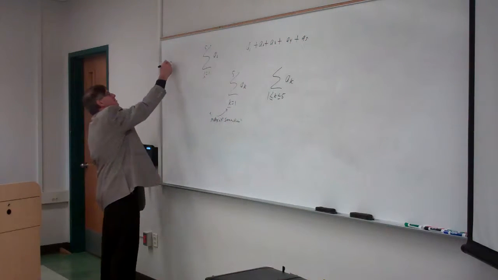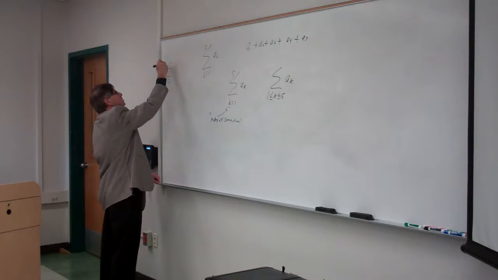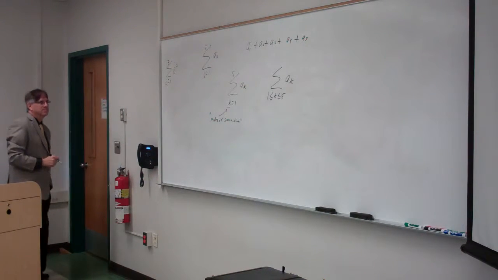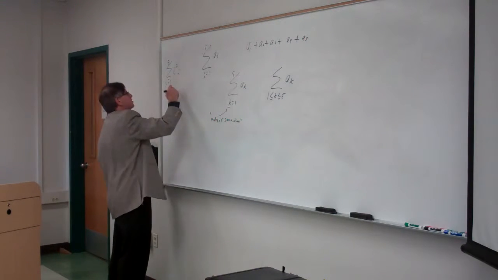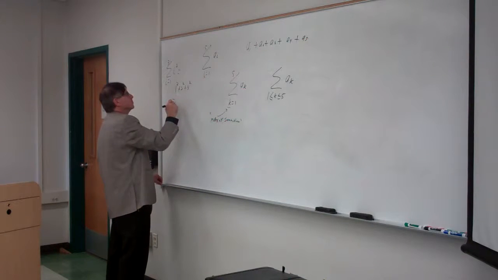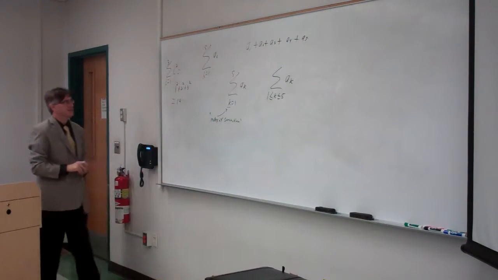So we can say things like the sum from i equals 1 to 3 of i squared. And that's just equal to 1 squared plus 2 squared plus 3 squared, which in this case is 14.